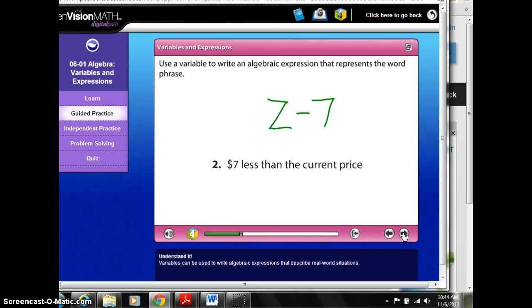Is there any other way we can write this? No, because 7 minus Z is not the same thing. Well, you tell me. Does 8 minus 2 mean the same thing as 2 minus 8? Oh, no, no, no. So when we're subtracting, we have to be very careful. Very careful. 7 less than something. If a number's less than it, we can subtract it.